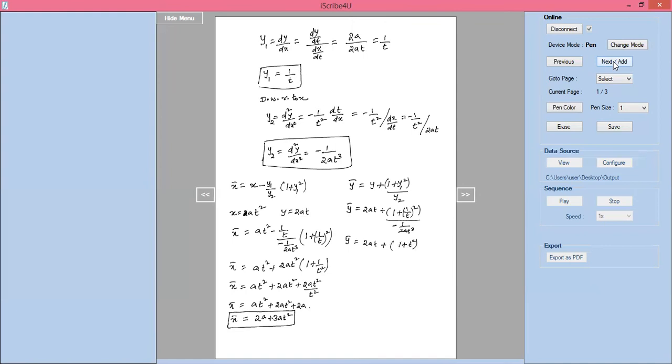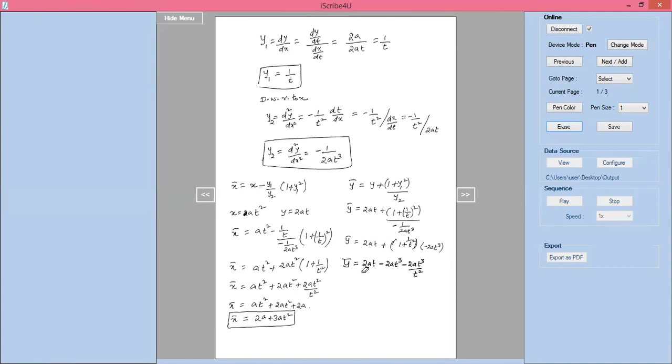If you take the numerator, you will get minus 2a into t cube. Sorry, this is 1 plus 1 by t square. I have written only 1 plus 1 by t square. Now, if you multiply this, y bar equals 2at plus, multiplying this, minus 2at cube minus 2at cube divided by t square.